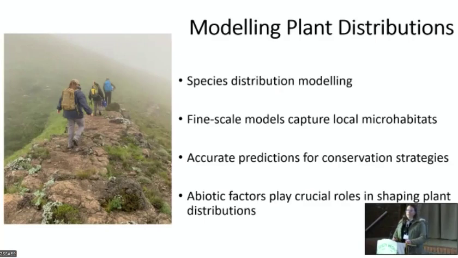Abiotic factors like temperature, precipitation, and soil characteristics play crucial roles in the shaping of a species distribution. They can either directly influence a species distribution, or they can act as proxies for other influential variables like stresses, disturbances, and resource availability.